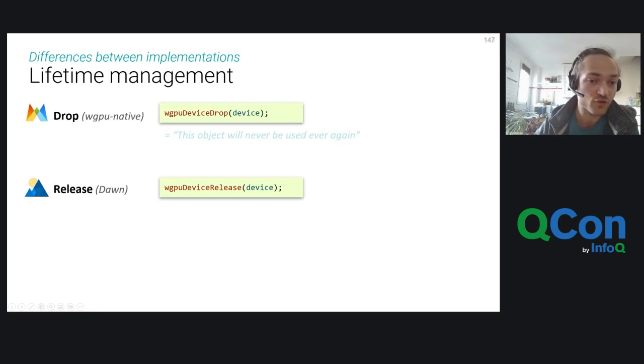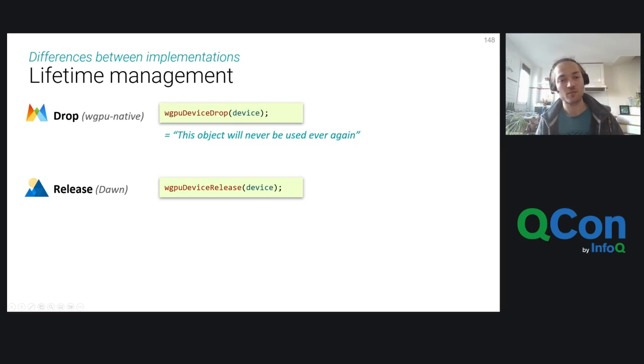The difference is that drop means this object will never be used by anything, neither me nor anybody else, just destroy it. And in the case of Dawn, the call to release means I'm done with this, but if somebody else still uses it, then don't free it.